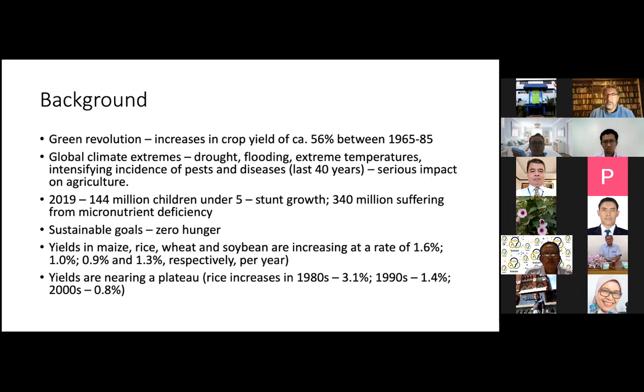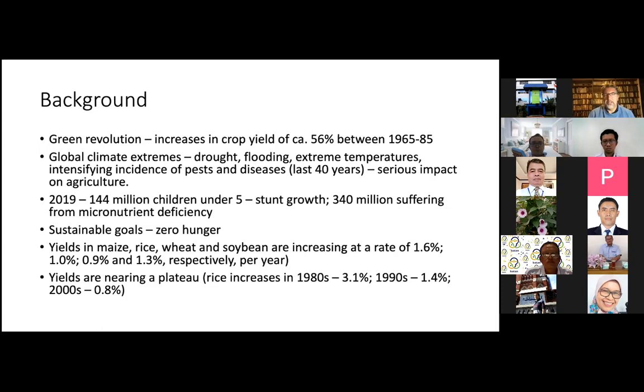It means that the same improvements we obtained in rice in the 80s were cut by half in the 90s and almost by half again in the 2000s. So it's getting more and more difficult to increase yields.